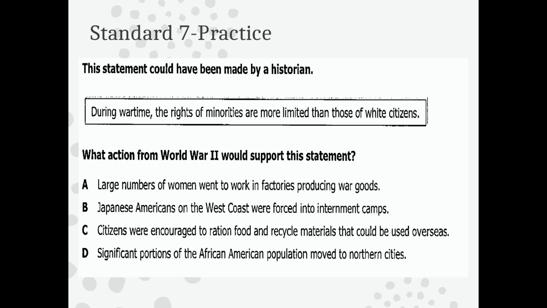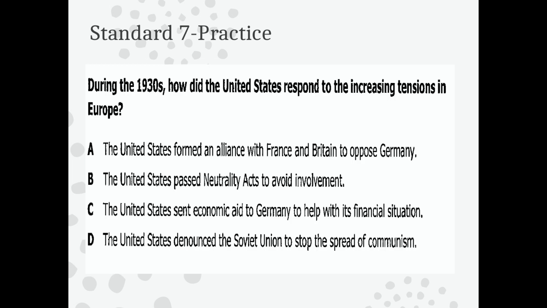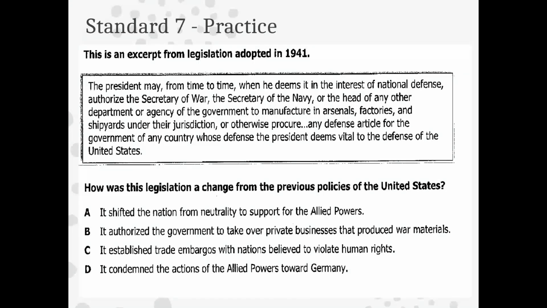Second question, if you want to pause, you can. Question number 3. And question number 4.